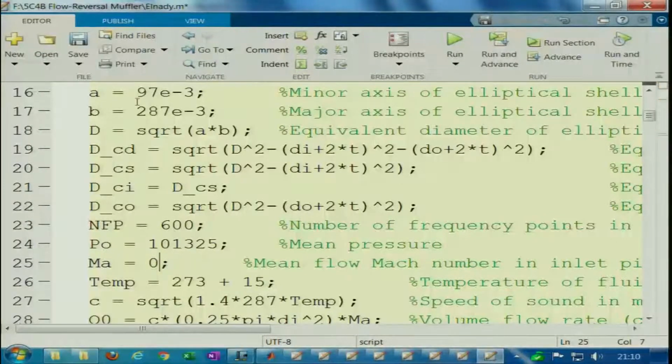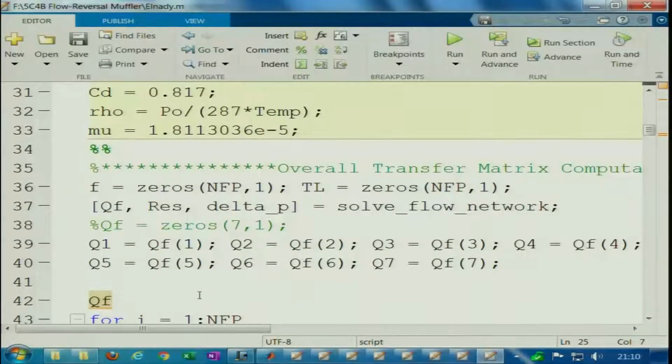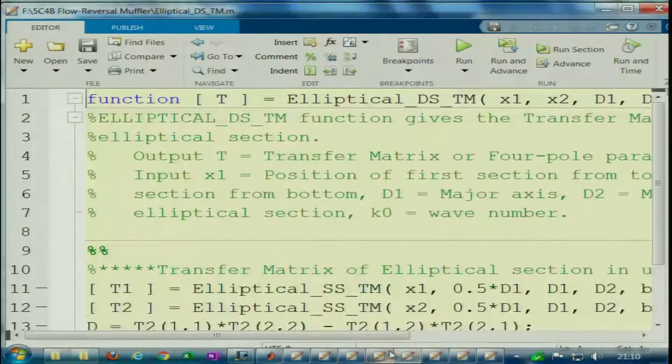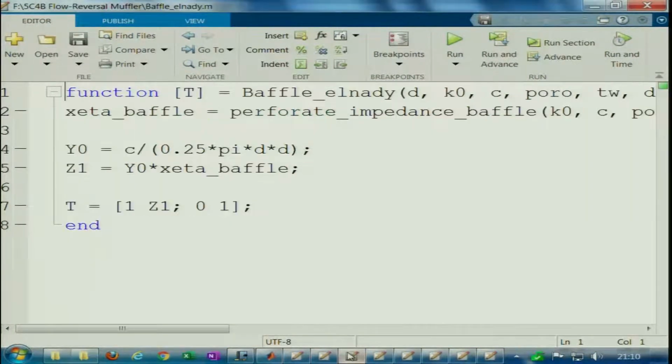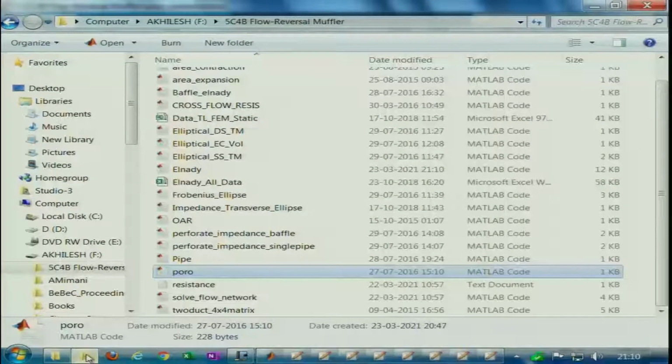Let us do it for a stationary medium by setting the inlet Mach number in the inlet pipe to 0, and then this is the flow analysis. We also need to go to the solve network file, which I do not know where it has gone, but I will find it for you. Solve network.